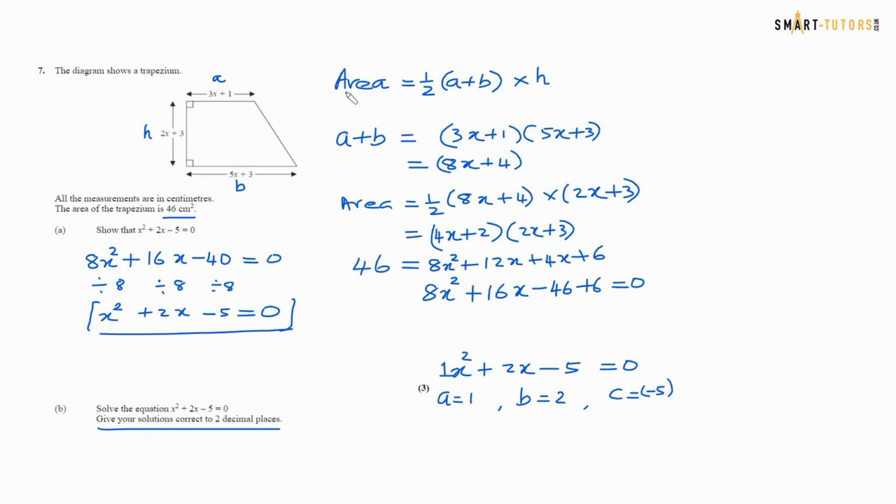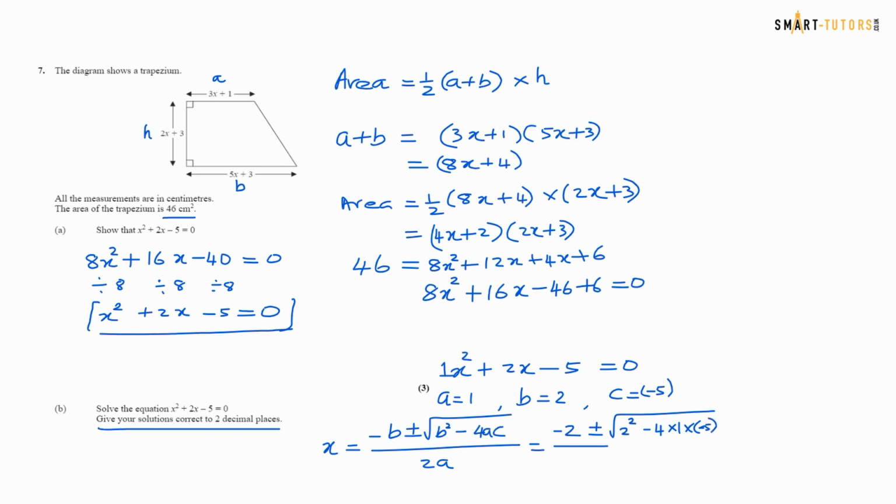So the quadratic formula: x equals minus b plus or minus square root of b squared minus 4ac over 2a. Substitute the values: minus b, so minus 2 plus or minus the square root of b squared, which is 2 squared, minus 4a times minus 5, over 2a. 2 times 1 is 2.